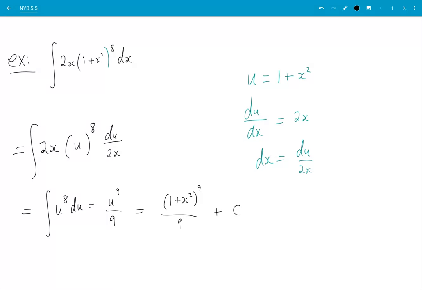A more formal demonstration of the validity of this technique you can find in the book, or you can ask me about. But the basic outline is you choose a u, you take a derivative, and then you solve for dx, and then you plug this thing.